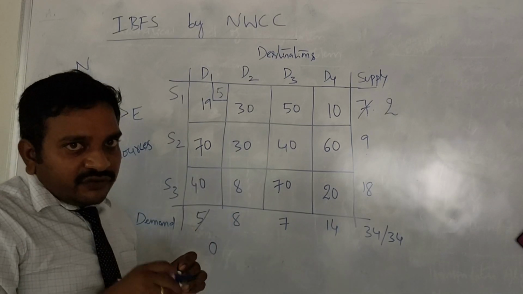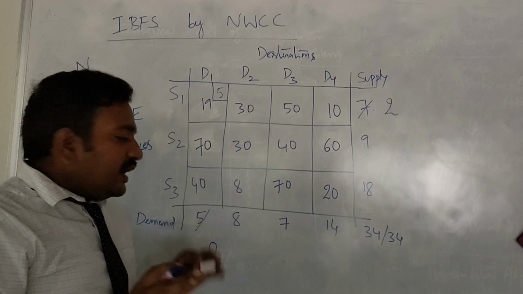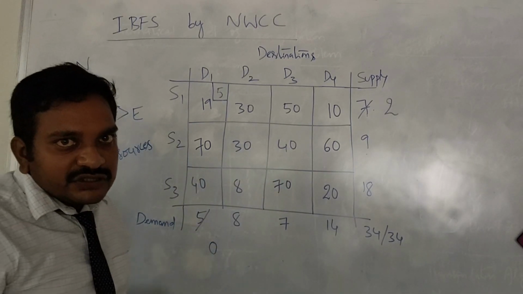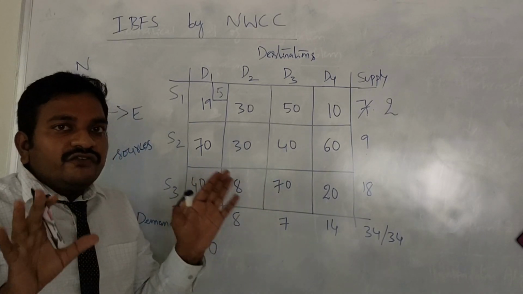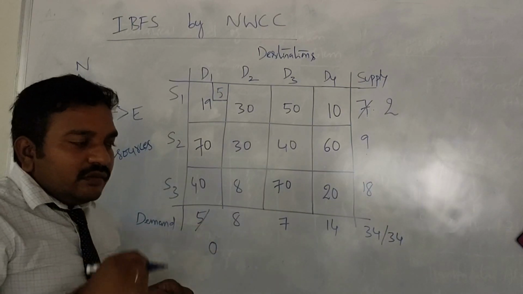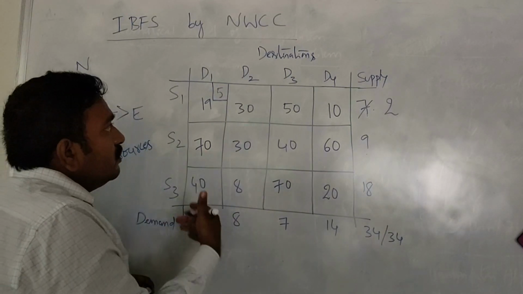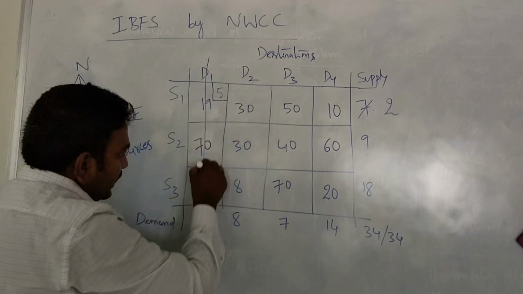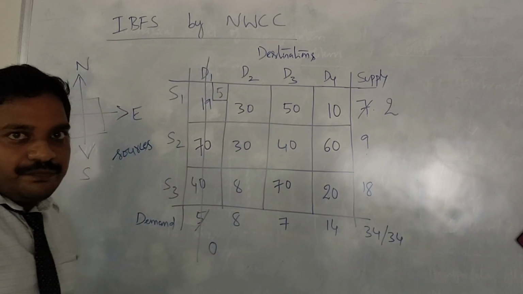D1 is completed. D1 needed 5 units and I allocated those 5 units, so it is finished. No need of thinking about D1 again. Now, for my convenience, I am deleting this column from the table.